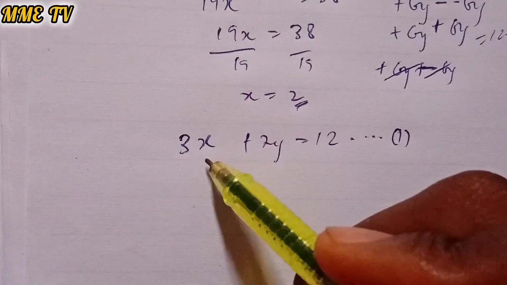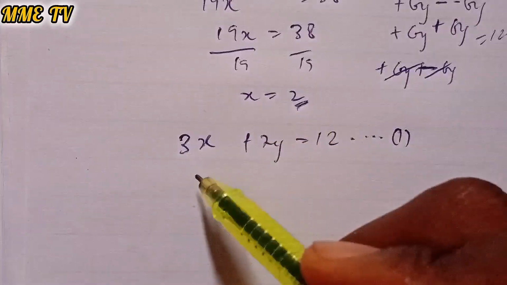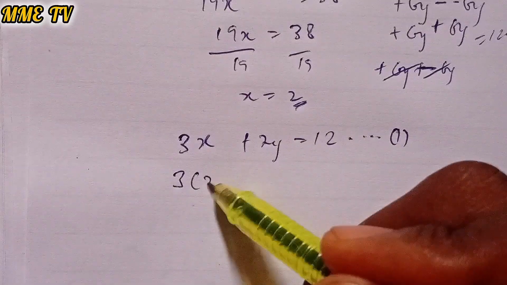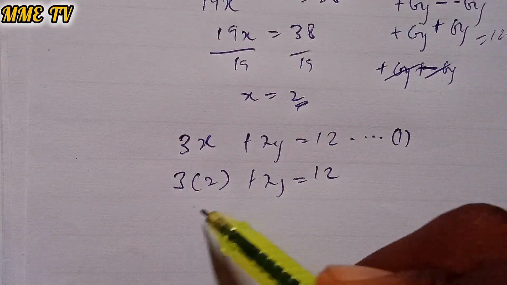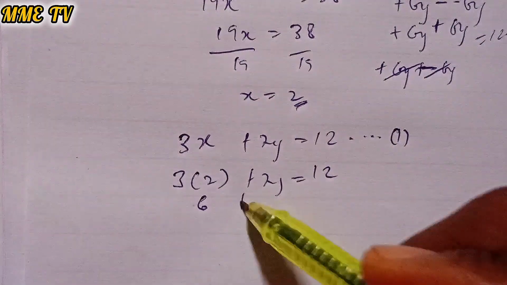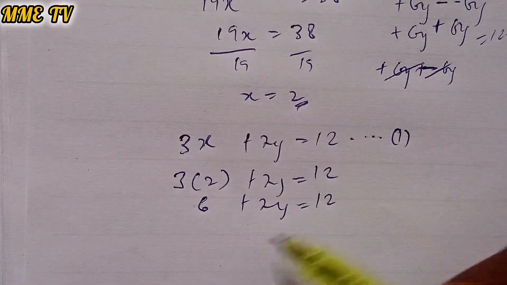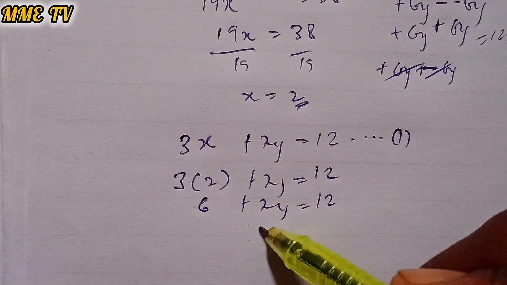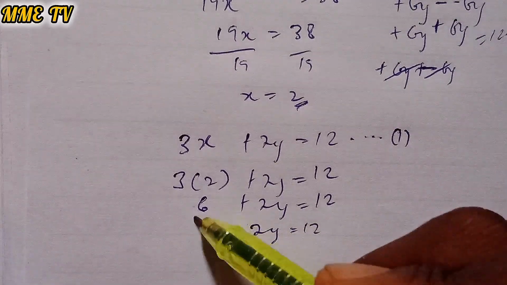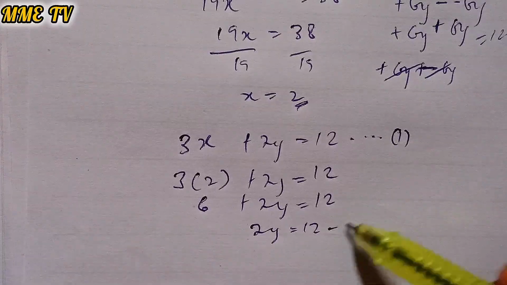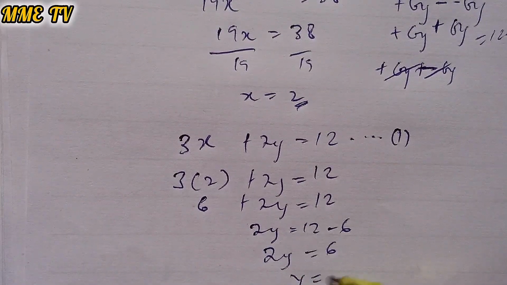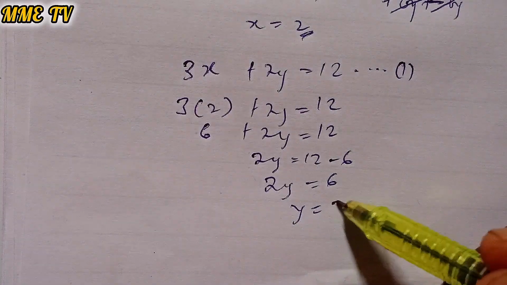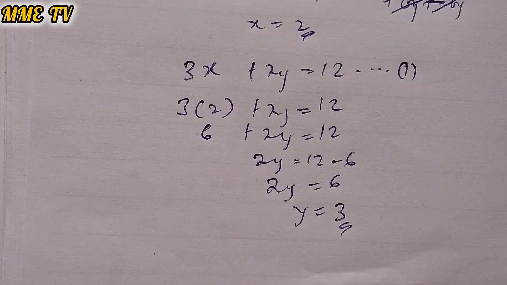Any place I see x, I will remove it and put 2. So it becomes 3 brackets 2 plus 2y is equal to 12. So 3 times 2 is 6 plus 2y is equal to 12. Then I'll collect the like terms. 2y is equal to 12 minus 6. When 6 crosses an equality sign, it becomes negative. So 2y is equal to 6. Therefore, y is equal to 3. This is solving elimination.